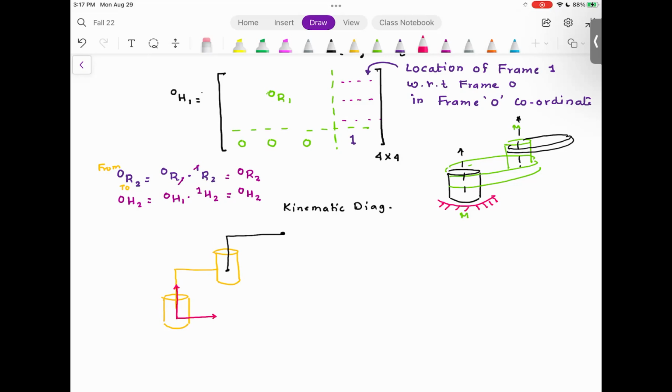Remember the rules that we talked about in the last class? Rule number 1, Z through the joint axis. Second, Xn must intersect Zn and Zn minus 1.